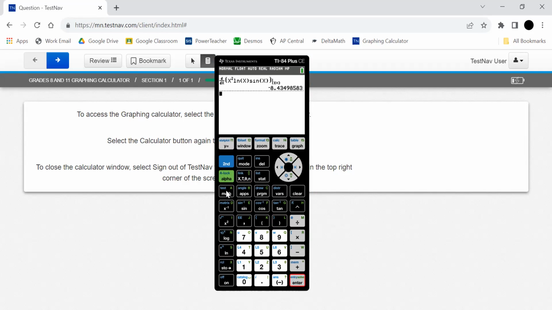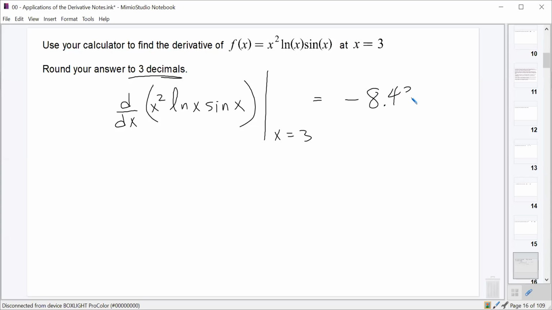We hit enter, and we end up with negative 8.43498583, which will round to negative 8.435. That's all there is to finding the derivative of a function at a point using your calculator.